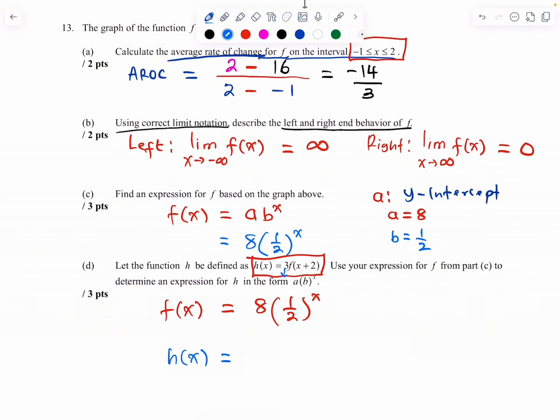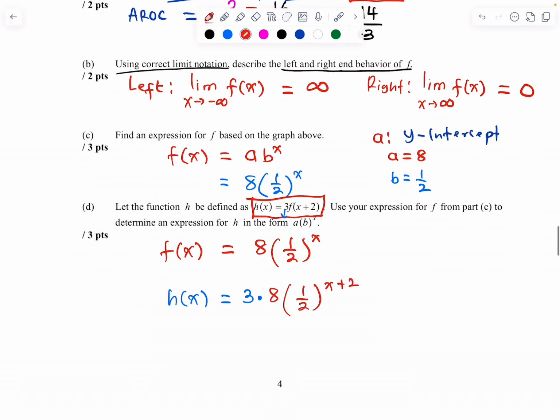So I will use 3 to multiply 8, and then I will take my 1 over 2 to the power of x. And what did they do to that x? Just take that and then add 2. And then if you simplify all of this, you have what you have.